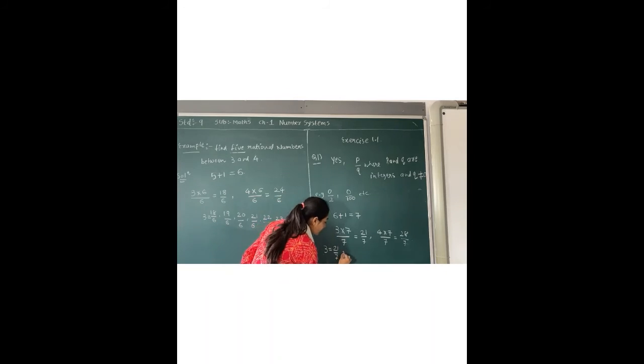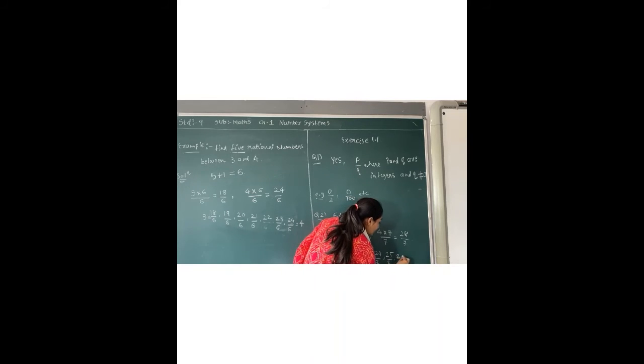The next ones are 22 by 7, 23 by 7, 24 by 7, 25 by 7, 26 by 7, 27 by 7, and 28 by 7 is nothing but my 4 only.